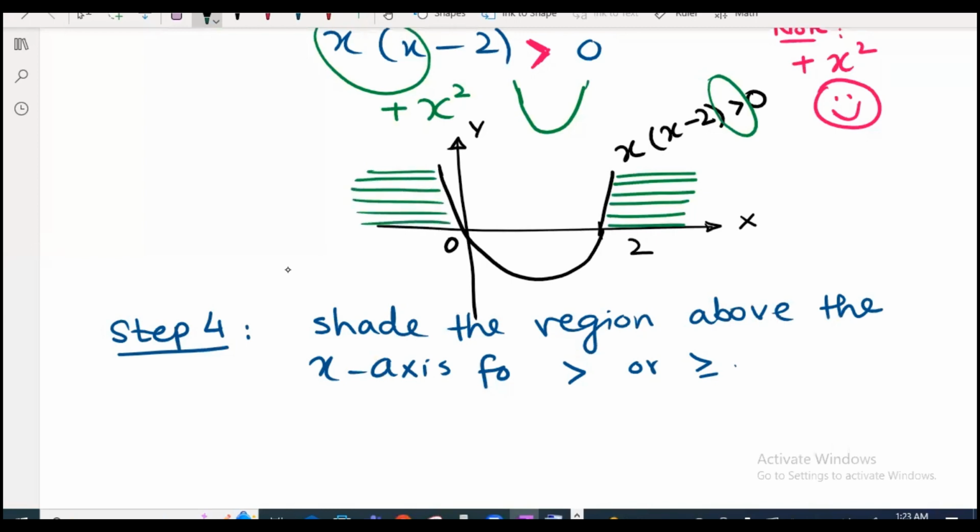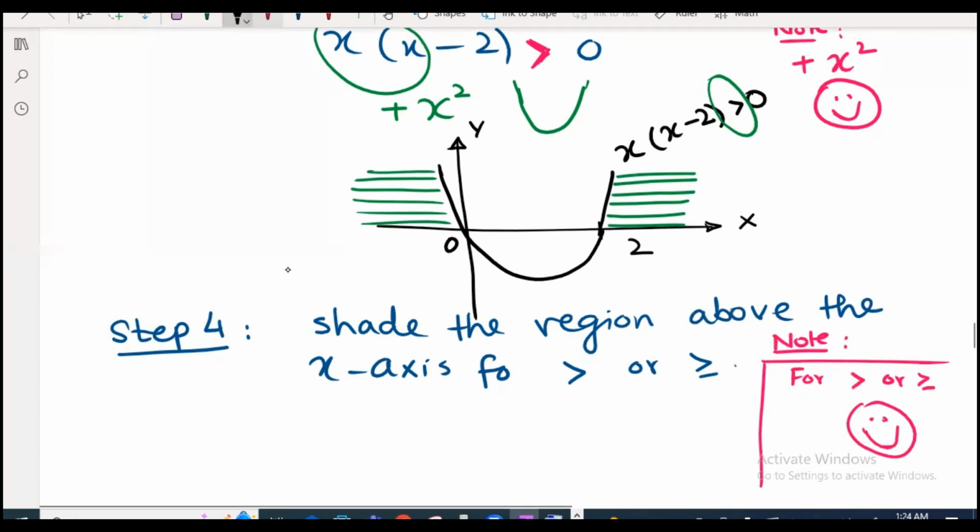And how to memorize how to shade this. So note please: for greater than or greater than or equal to, if your parabola is this shape, this region will be shaded.